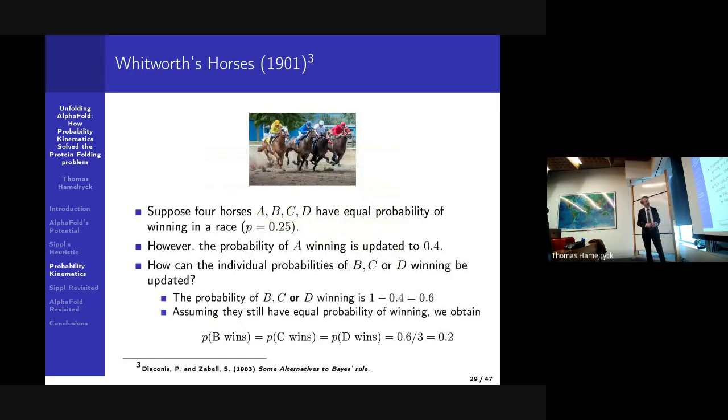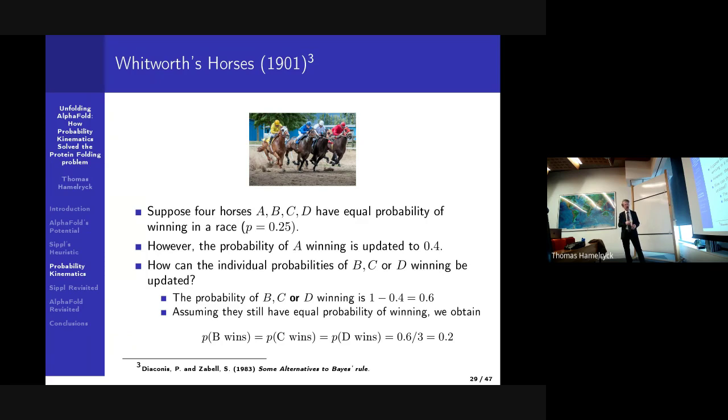So this is where probability kinematics comes in, and I'll give you a very simple example. This comes from the paper Some Alternatives to Bayes' Rule by Diaconis and Zabell from 1983. This is the reference for statisticians, I think, if you want to read up on probability kinematics. Suppose that we have 4 horses, and they have equal probability of winning a race, 0.25. But now the probability of A winning is updated to 0.4.